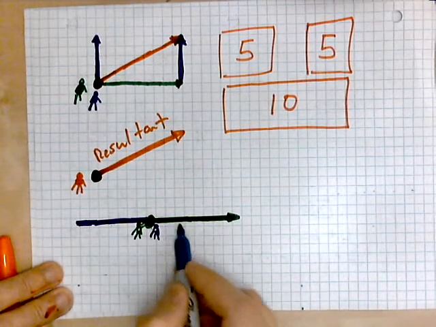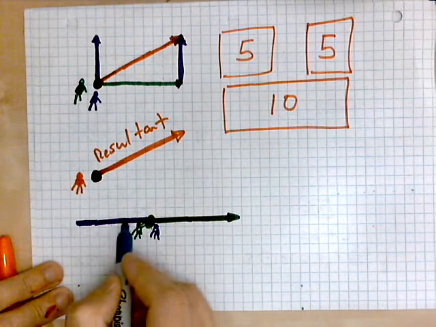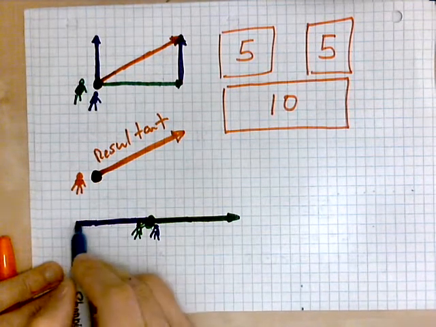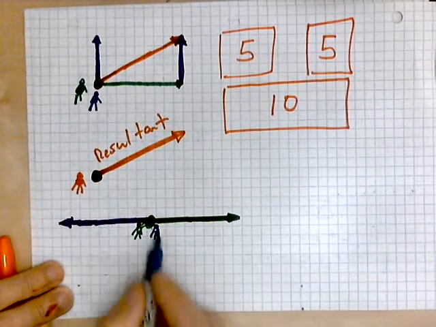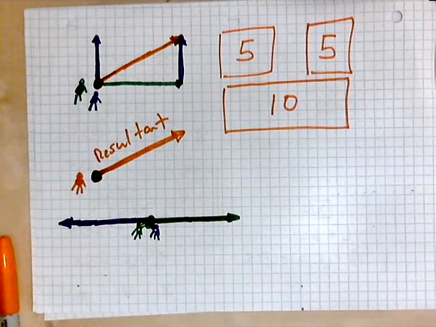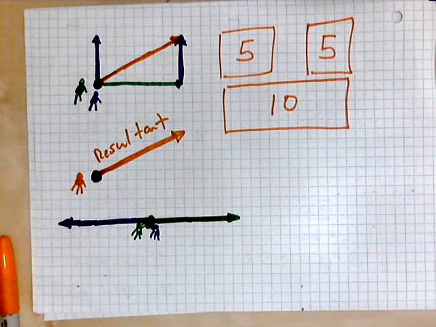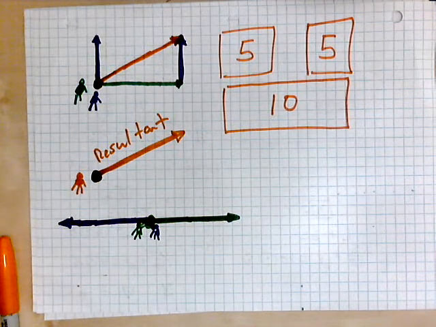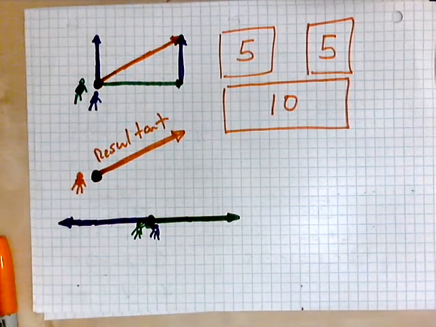So the green one is 1, 2, 3, 4, 5, 6, 7, 8, 9. And the blue is 1, 2, 3, 4, 5, 6, 7, 8, 9 roughly. So the blue guy now is pushing to the left on the object. So you have two forces acting on the object. They're pointing in opposite directions, but the magnitudes are the same.